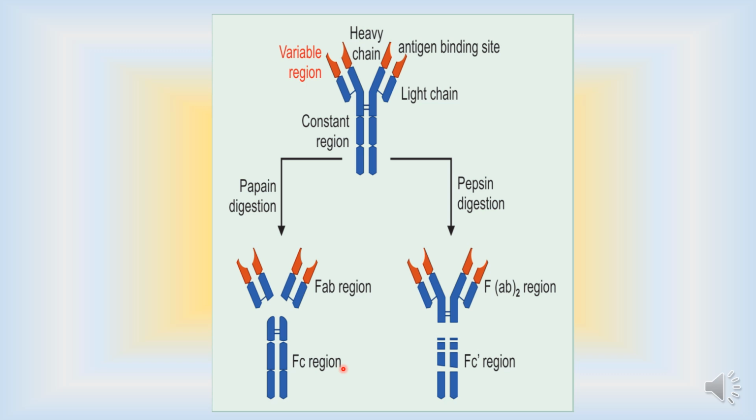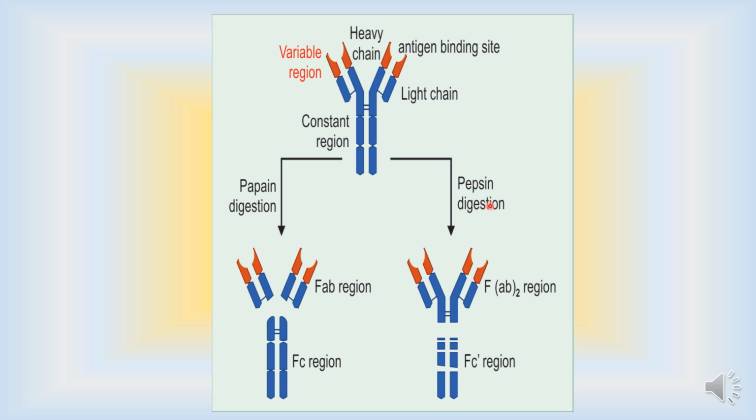The fragment crystallizable region is insoluble in cold and it crystallizes, whereas the Fab region is a soluble fragment and it is unable to precipitate with egg albumin. Each molecule of immunoglobulin is split by pepsin and papain, and the fragments received are of two different types.